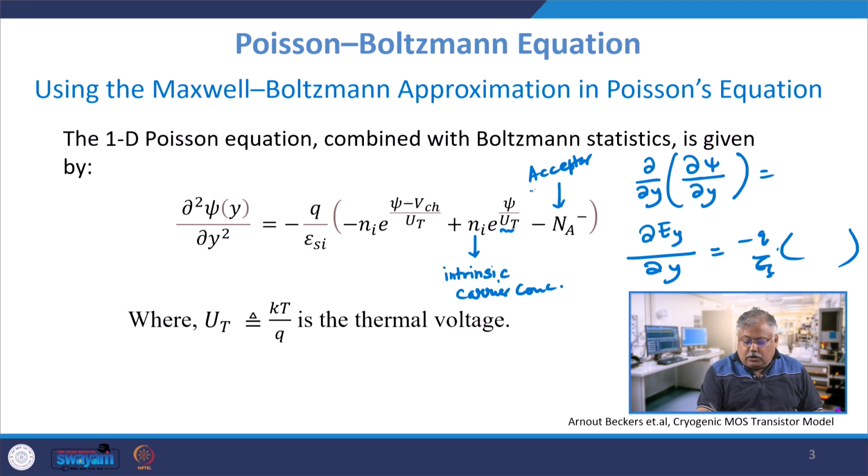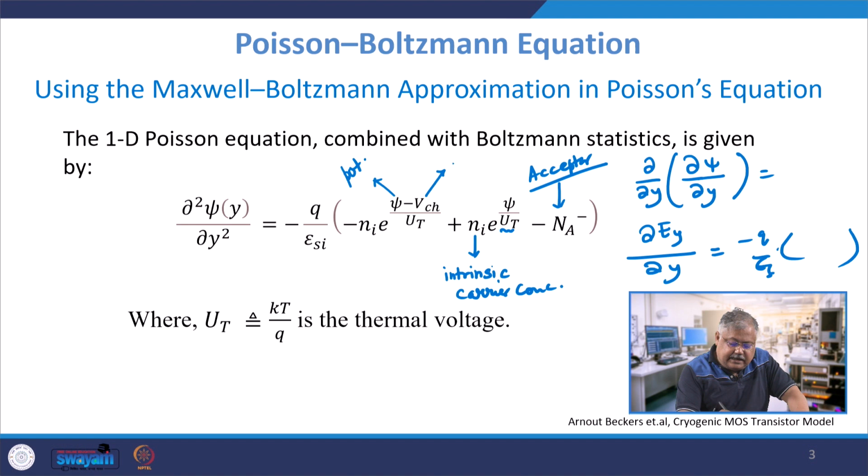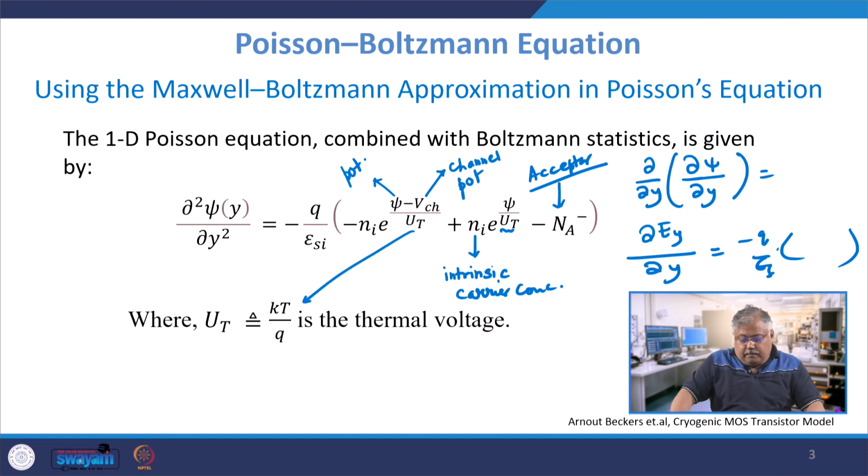At this stage, I am not saying whether this will be ionized, fully ionized, degenerate or non-degenerate, do not worry about it. Ni is the intrinsic carrier concentration, psi is the generalized potential, VCH is my channel potential, and UT is already defined as KT by Q, which is my thermal voltage.